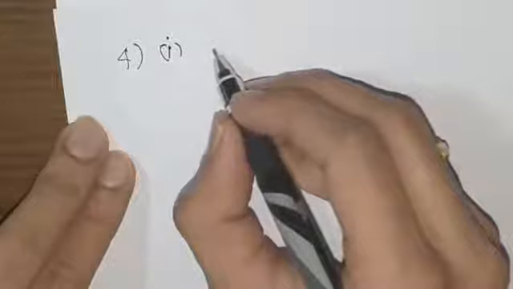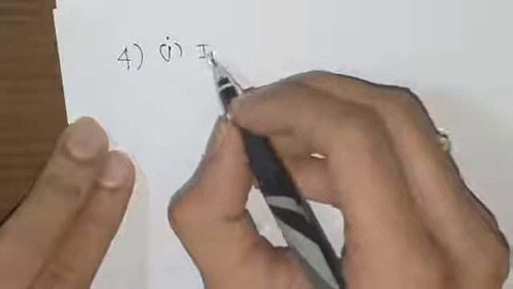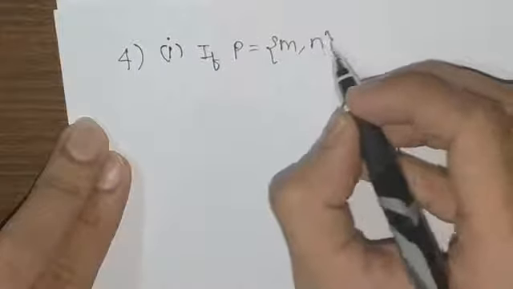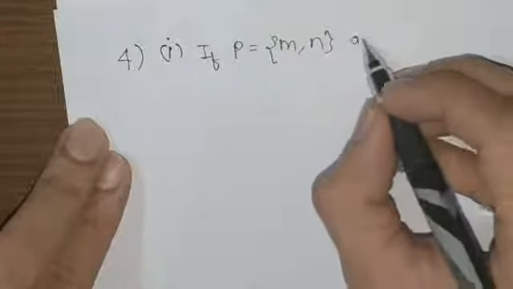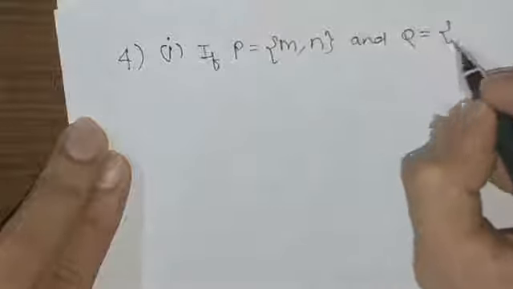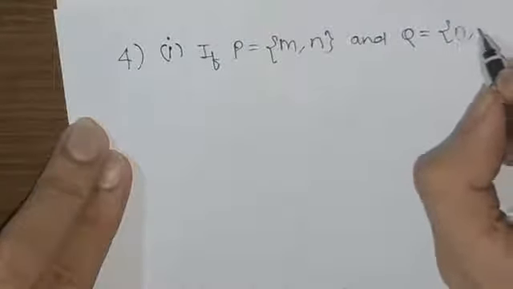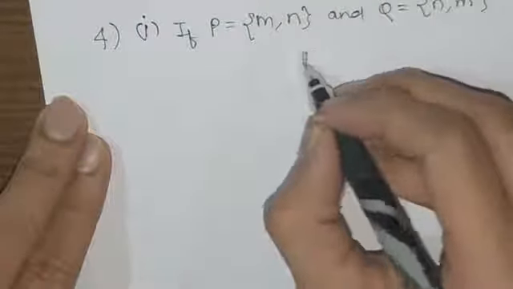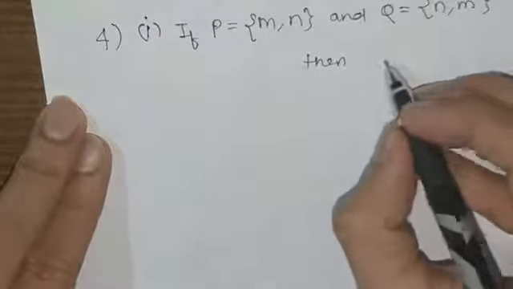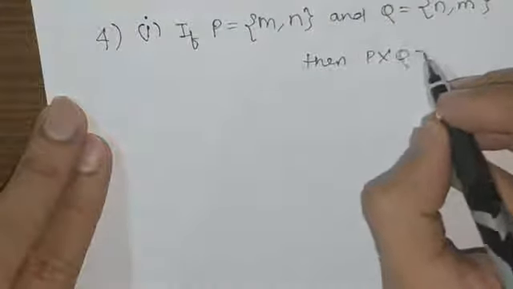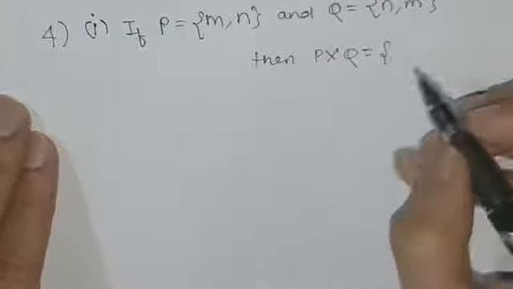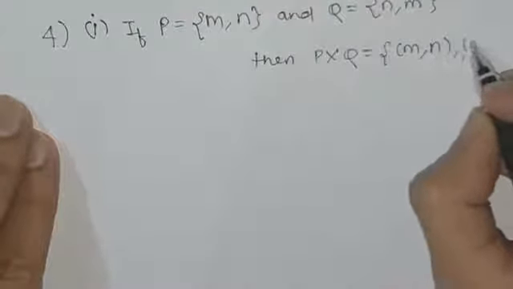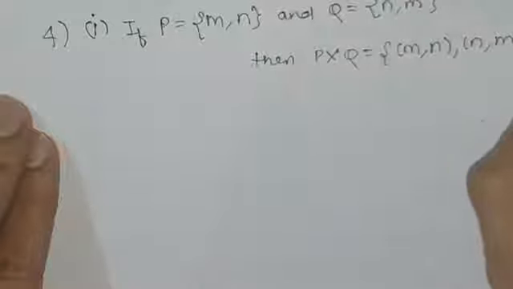First statement is, if P is equal to {M, N} and Q is equal to {N, M}, then P cross Q is equal to the set {(M, N), (N, M)}.